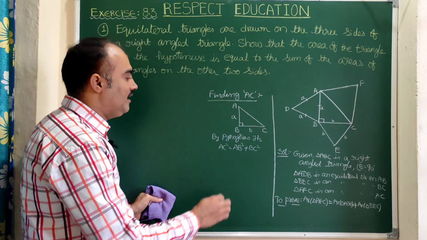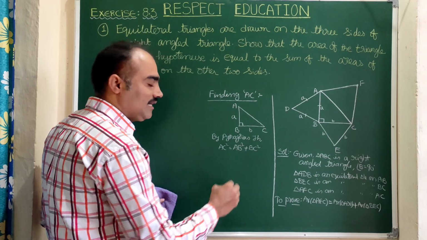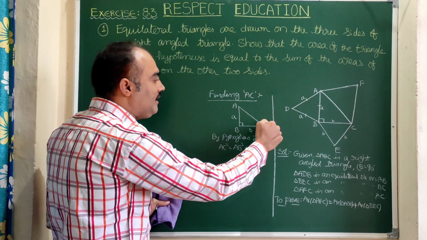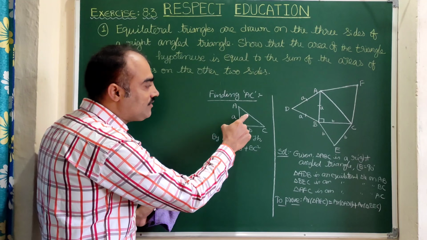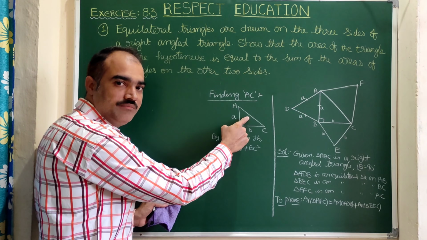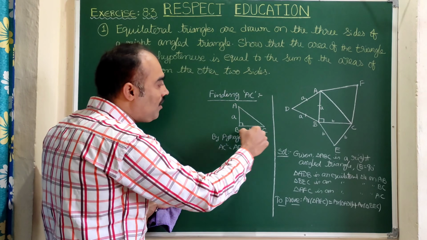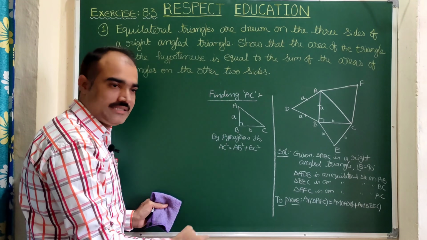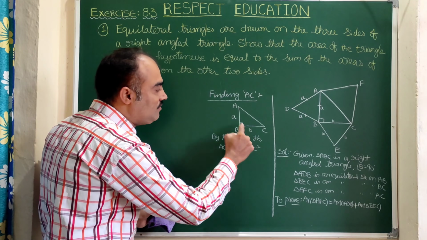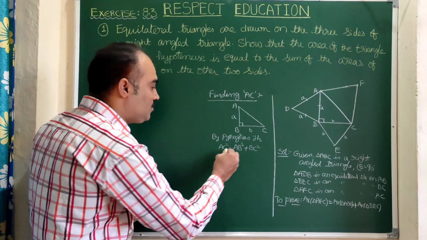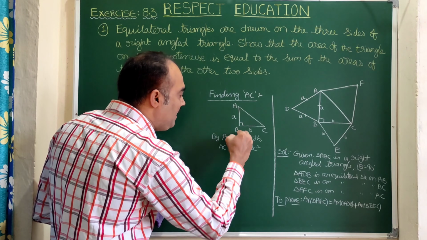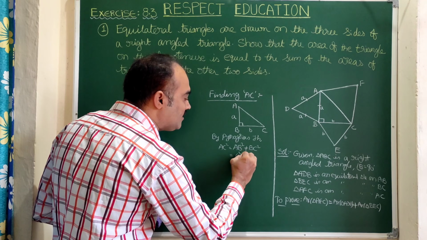Actually, the statement of Pythagoras theorem is, in a right-angled triangle, the square of the hypotenuse, which here is AC, is the sum of the squares of the other two sides. So here, AB is small a, so AB square will be a square.